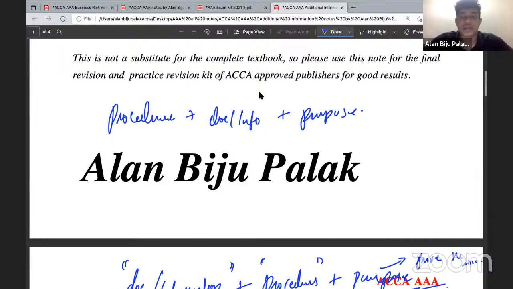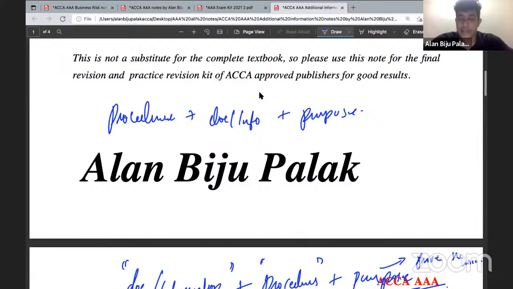For what purpose? In order to understand whether there will be a probable cash outflow for the company in relation to the litigation and claim. So that will be the audit procedure. Then next one, obtain external confirmation from the customers. For what purpose? In order to understand whether the amount of receivables is recoverable from the customers. So this will be the way in which you will be writing the audit procedures.